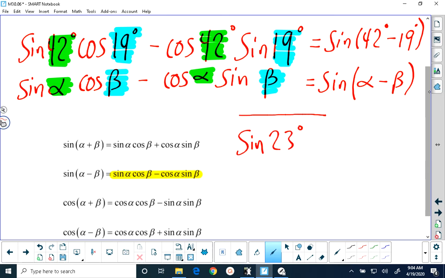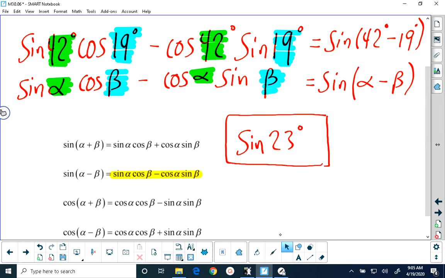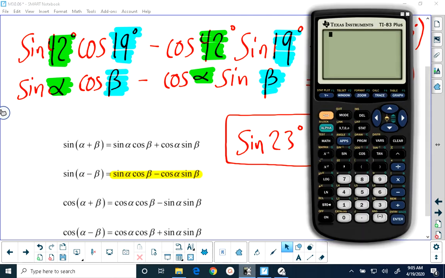Now I would like to show you what this identity actually means. If I go to the calculator, I can enter in, and I'd better make sure I am in degree mode, and I am, the original expression, which was sine of 42 degrees multiplied by cosine of 19 degrees, minus cosine of 42 degrees multiplied by sine of 19 degrees.